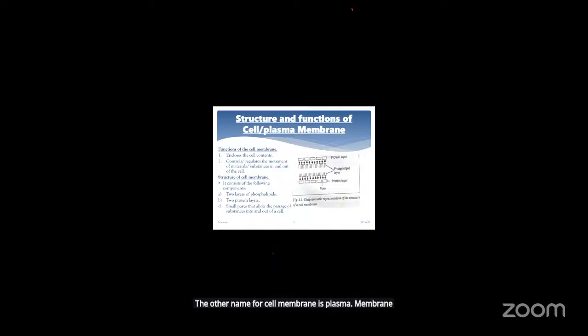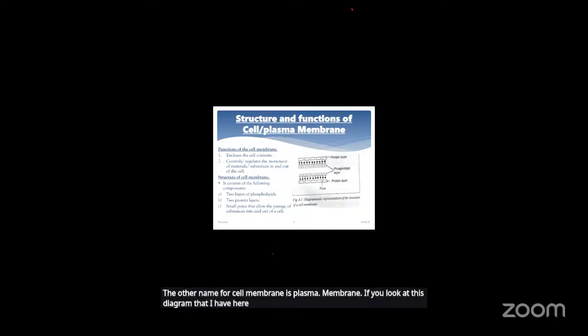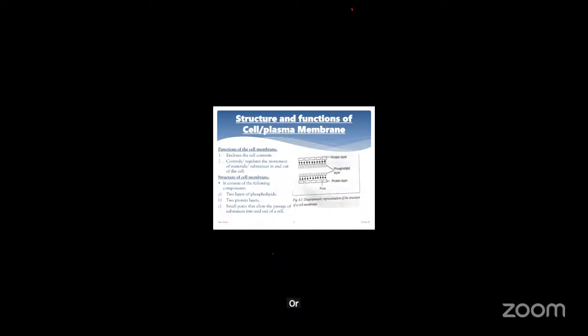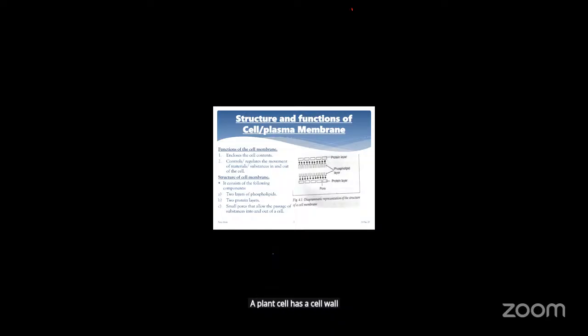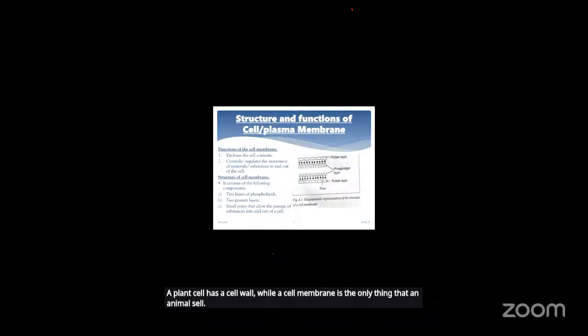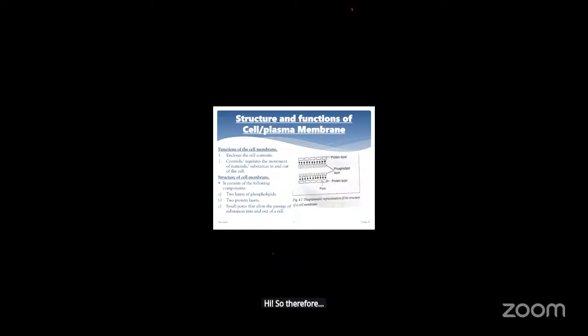In this diagram, I have an illustration of an animal or plant cell membrane, because both plant and animal cells have a cell membrane. The only difference is a plant cell has a cell wall, while a cell membrane is the only thing an animal cell has. So we are going to have a structure of a cell membrane as illustrated here.